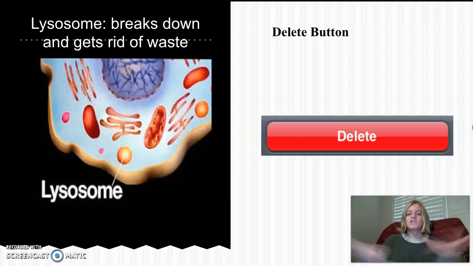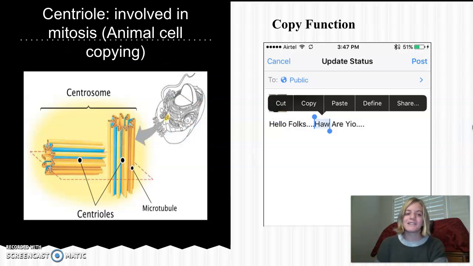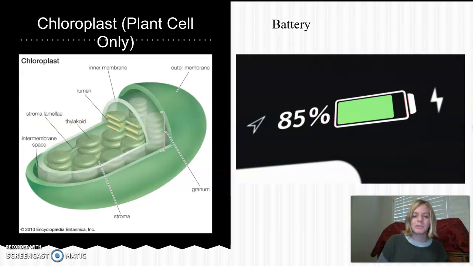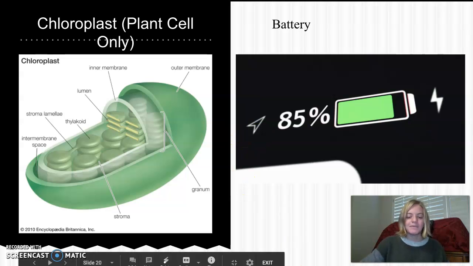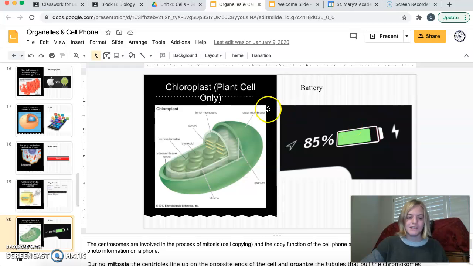The lysosome, which breaks down and gets rid of waste. The centriole, which is used for animal cell copying. And the chloroplast, which is used by plants to take energy from the sun and make glucose, aka the process of photosynthesis. So hopefully that was really helpful and you got a chance to understand all of the different organelles.